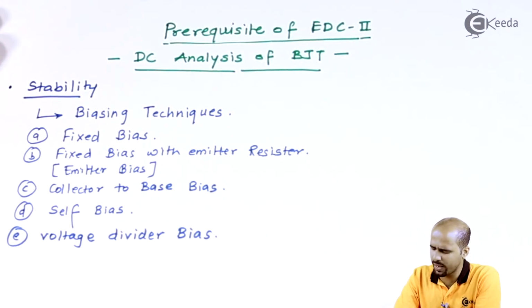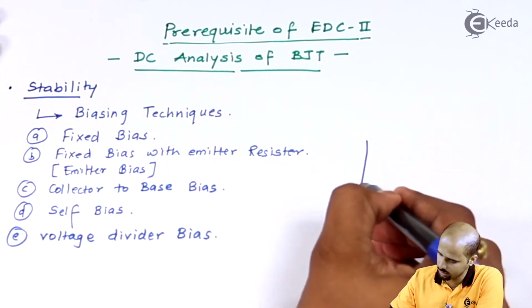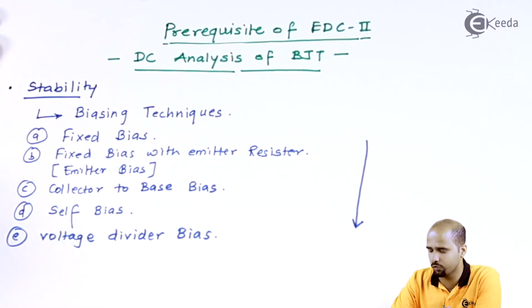Now why do we require all 5 categories of biasing techniques? These are all related to the extent of stability. As we move from fixed bias to voltage divider bias, the stability increases.